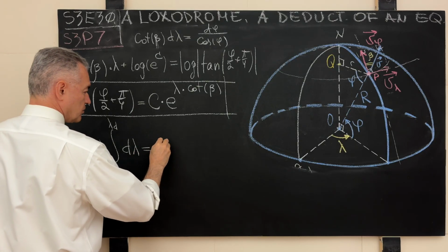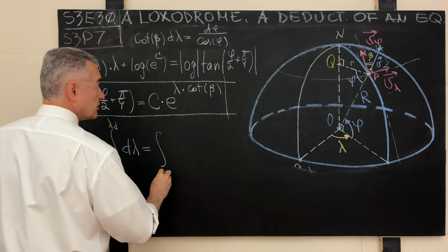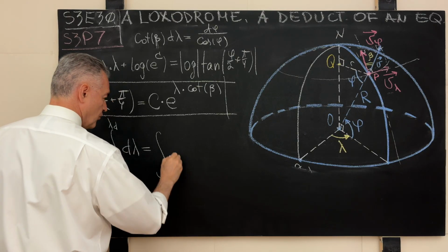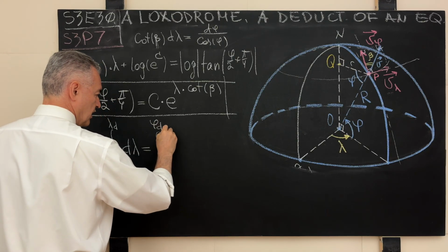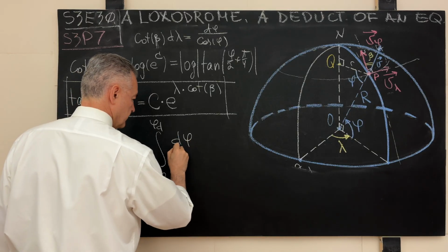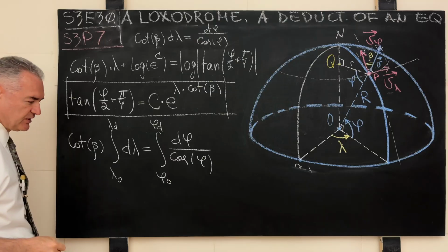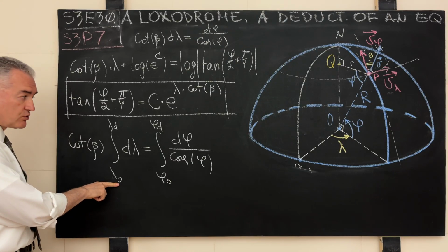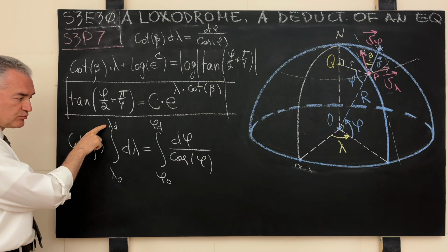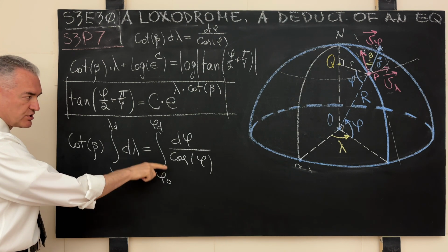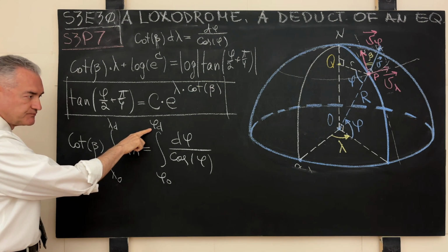And then here we will integrate the right hand side from the latitude of origin to the latitude of destination, d phi over cosine of phi. That maneuver is understood. Longitude of origin, longitude of destination point, latitude of origin, latitude of destination.